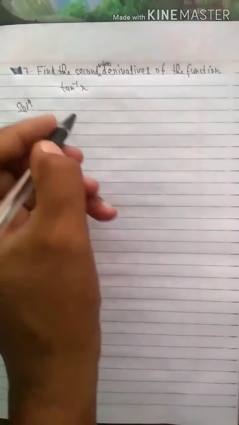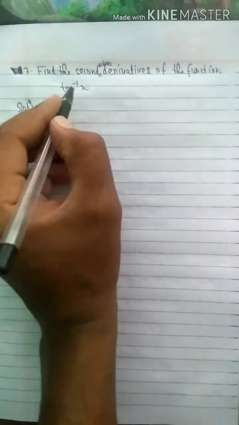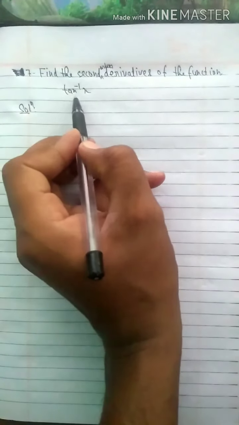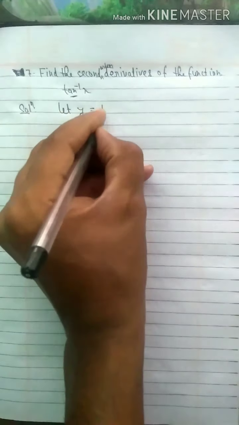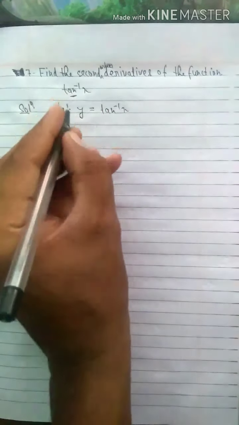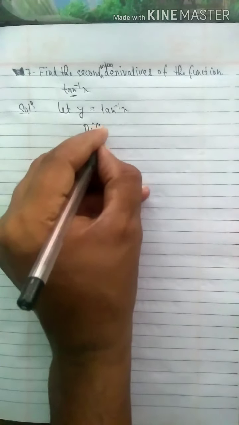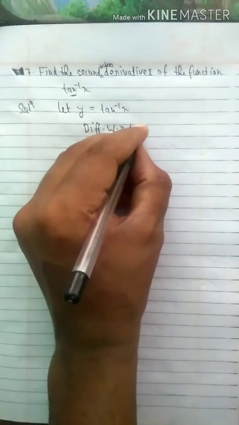And now the seventh question: find the second order derivative of the function tan inverse x. So let y equal to tan inverse x, and now differentiating with respect to x.